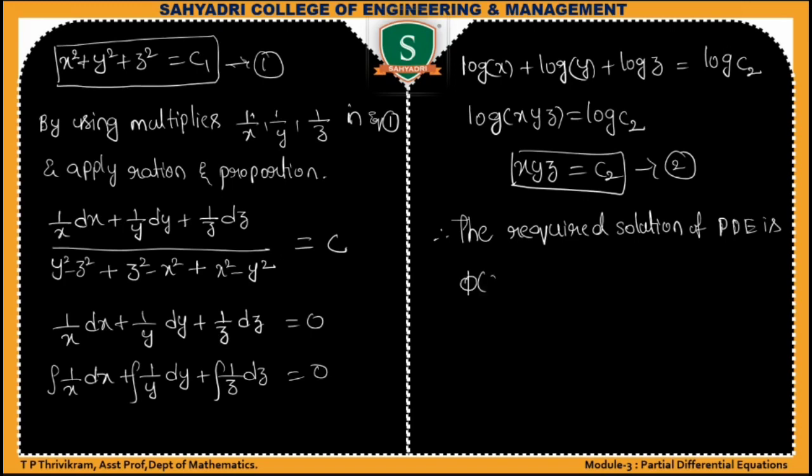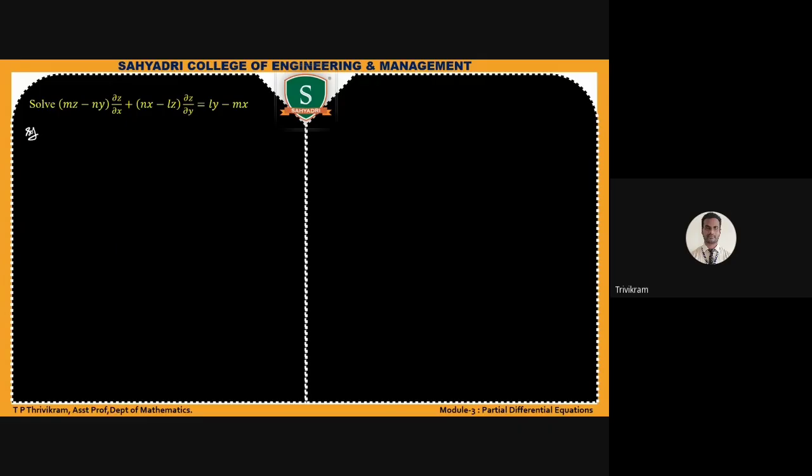Phi of c1 comma c2 equal to 0. That is nothing but phi of x square plus y square plus z square comma x y z equal to 0. So this will be the required solution. Check with this.